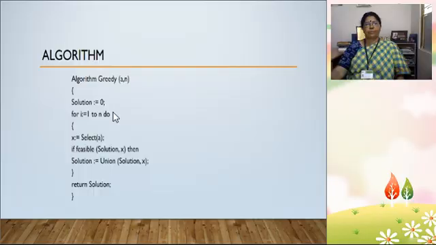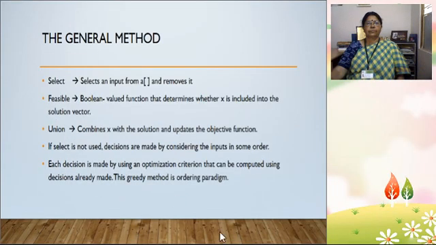So the control abstraction is given here. Select selects an input from the given array. Feasible is a Boolean valued function that determines whether x is included into the solution vector. Union combines x with the solution and updates the objective function.